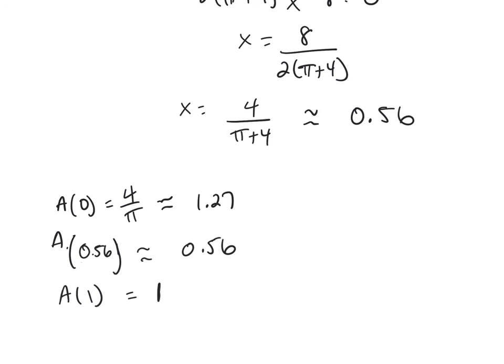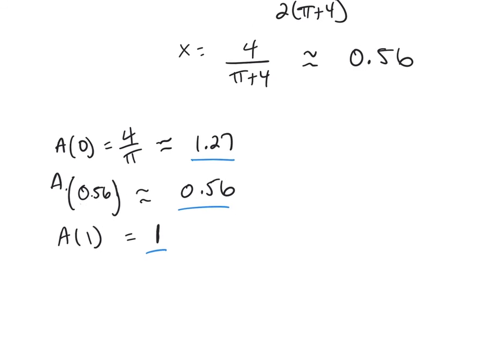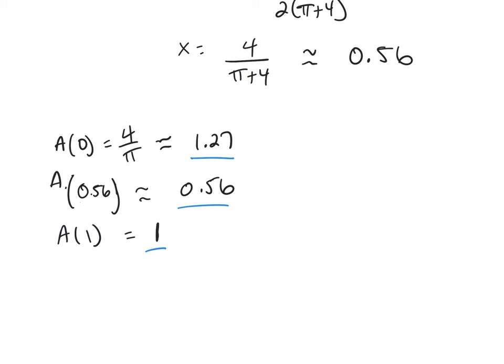So compare these three values. And it looks like we were looking for what? We were looking for the maximum of these. So it looks like our maximum area occurs when x equals 0.